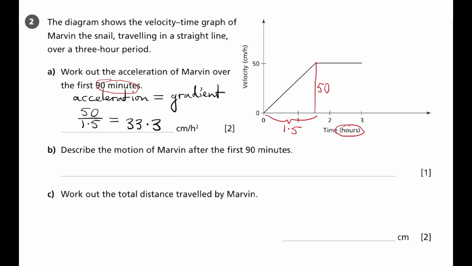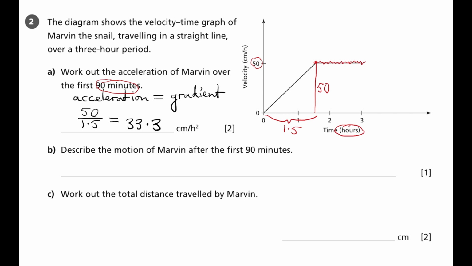Moving on to part B, describe the motion of Marvin after the first 90 minutes. So 90 minutes is 1.5 hours. If we look at the graph, after 1.5 hours, the velocity is 50, and we have a horizontal line, so the velocity does not change, so it's constant.